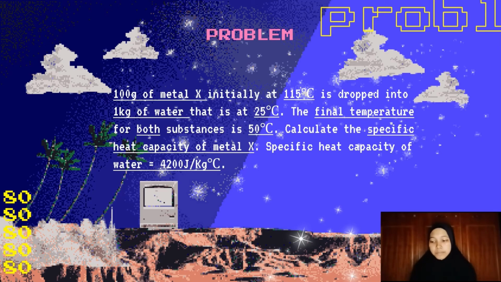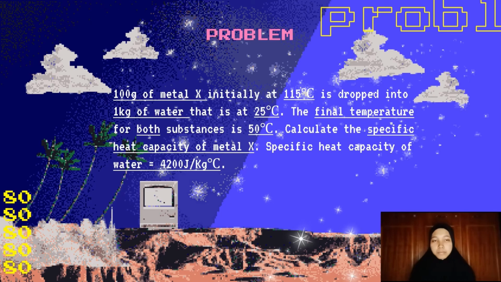We were given the specific heat capacity of water, which is 4,200 joule per kilogram degree Celsius. We were given the mass of metal X, which is 100 gram, and we need to convert it to kilogram, and we get 0.1 kilogram. The temperature for metal X is 115 degrees Celsius, and the mass for water is 1 kilogram.